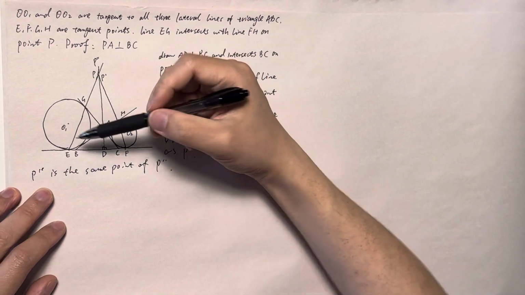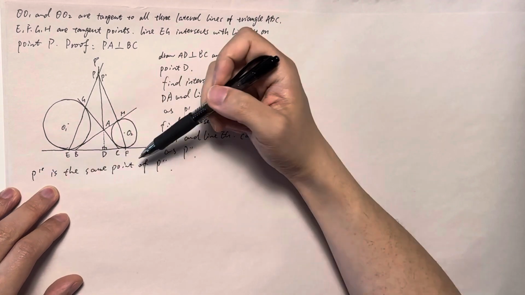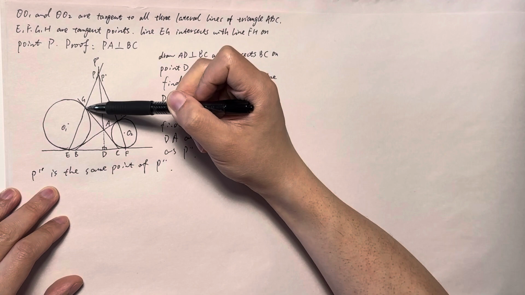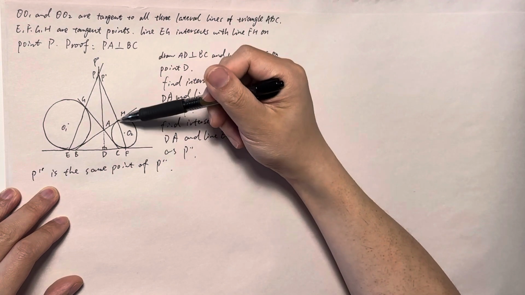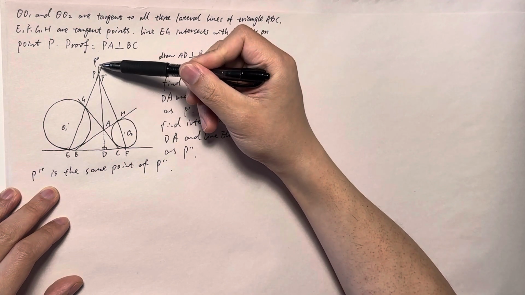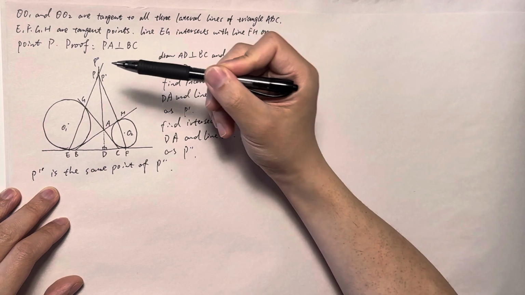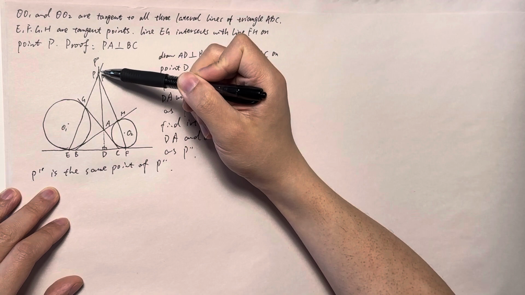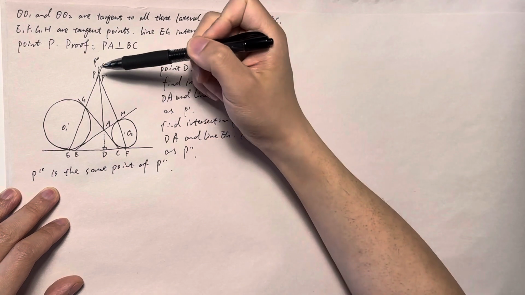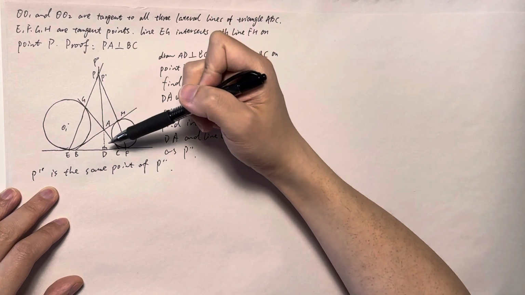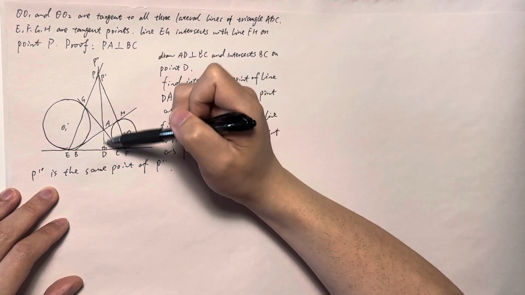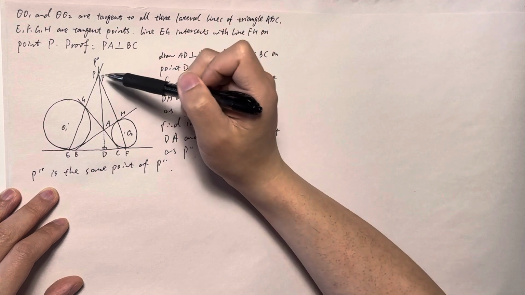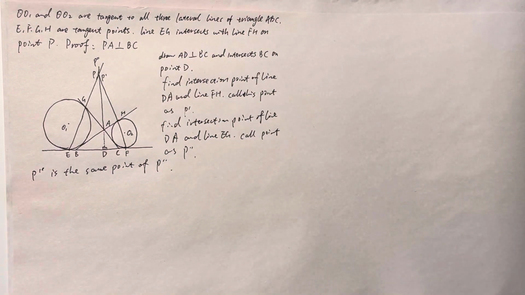right? Because if P prime is the same point as P double prime, that means EG intersects with FH at the point P, but this point P also lies on DA, right? This point P is also the intersection point of DA line and FH line. That's P prime. So P prime, P double prime, they're the same point.